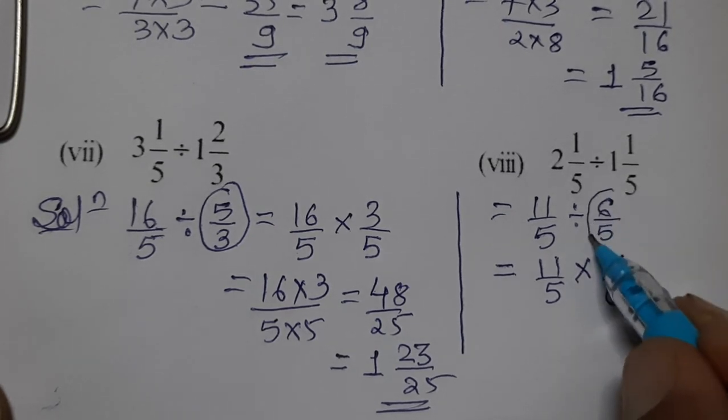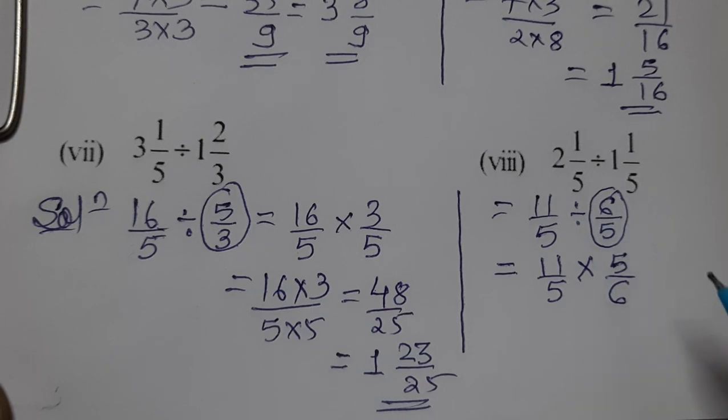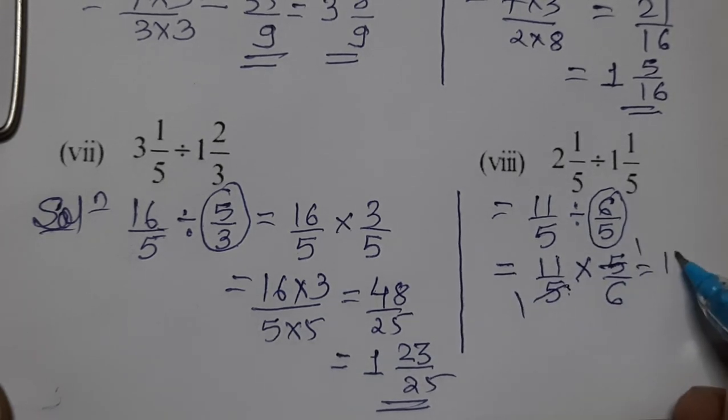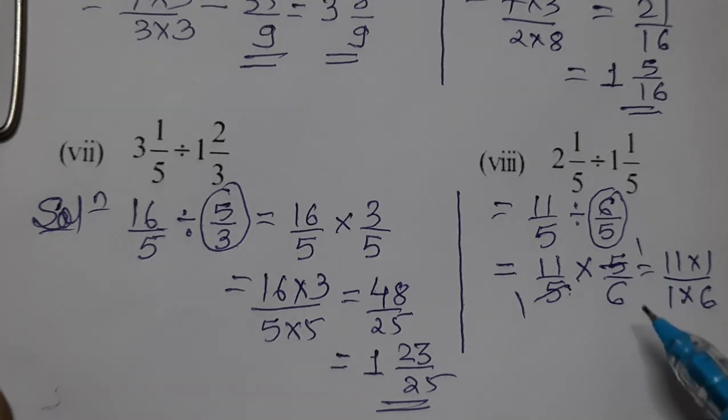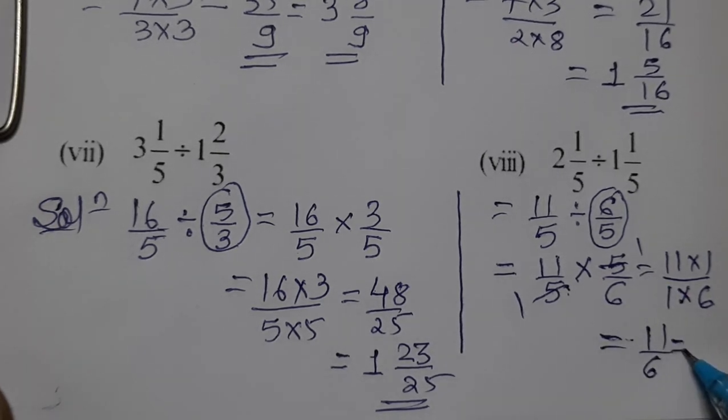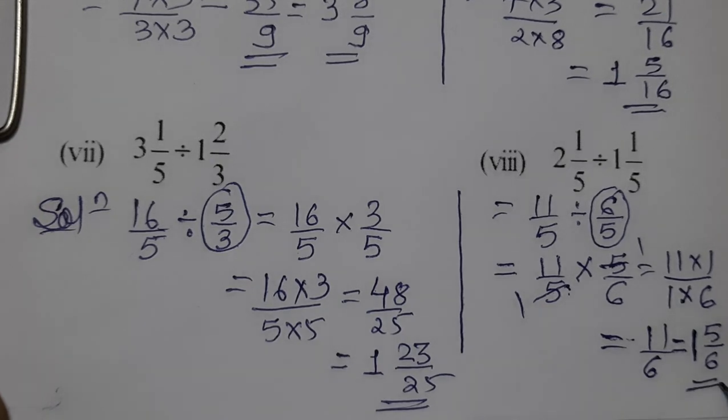Always take right hand side reciprocal. Don't take reciprocal of left hand side. Now possible to cut, then cut. 5 5s. Multiply numerator with numerator and denominator with denominator. So when we multiply them, what will we get? 11 by 6. Now convert in mixed fraction. 1 5 by 6. So this is our solution.